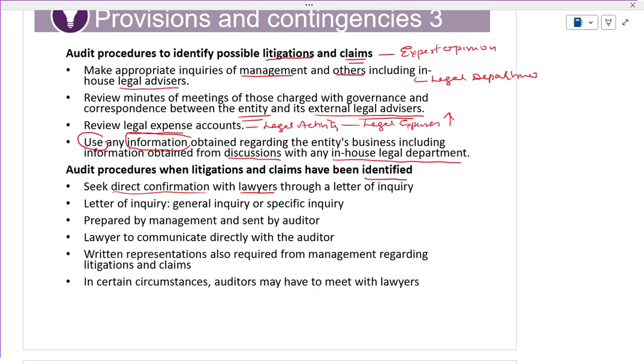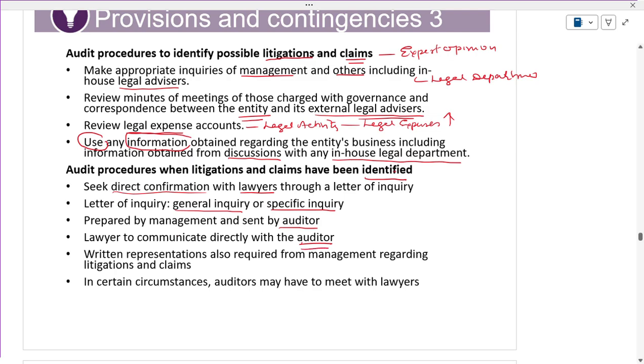You can ask for a letter of inquiry, general or specific, prepared by the management and sent to the lawyer, to communicate directly with the auditor.